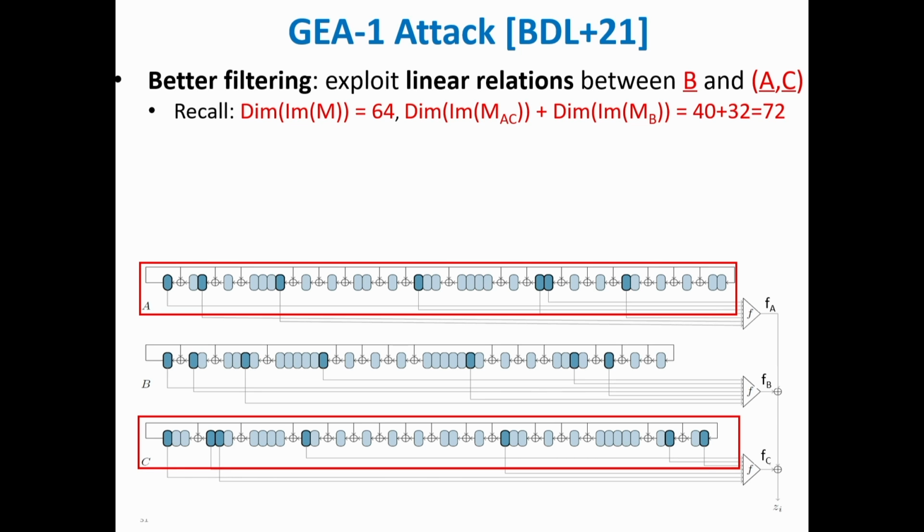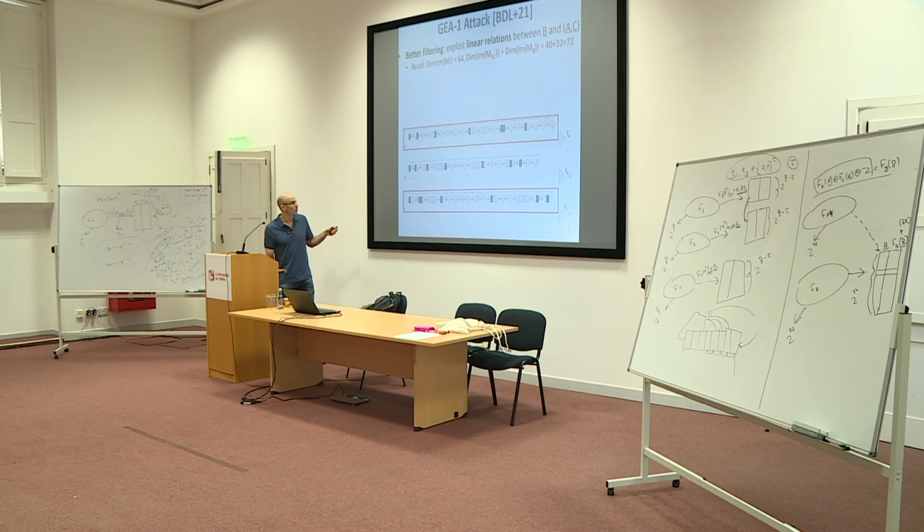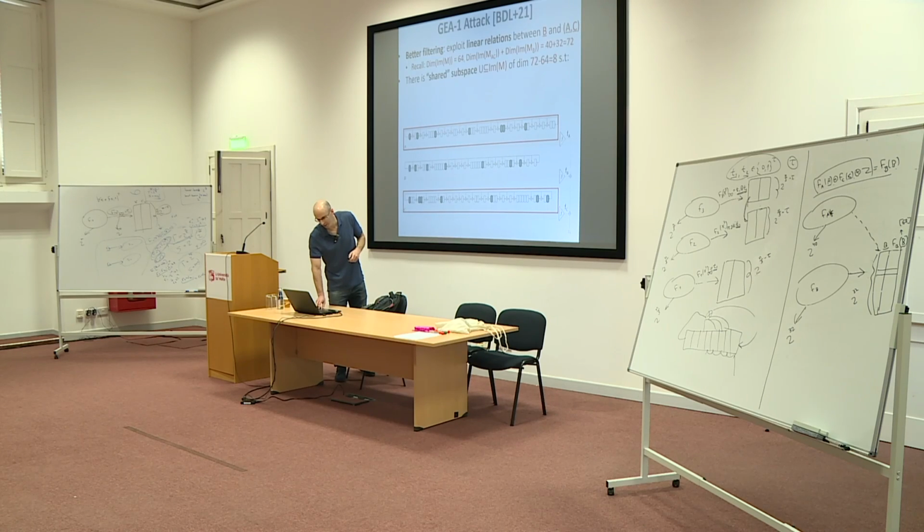If you add up these two numbers, you get 72. Basically this means that there are linear relations between the internal state B and the joint state of A and C. They're not independent. I'm not going to prove it formally, but I think this explains why this happens.